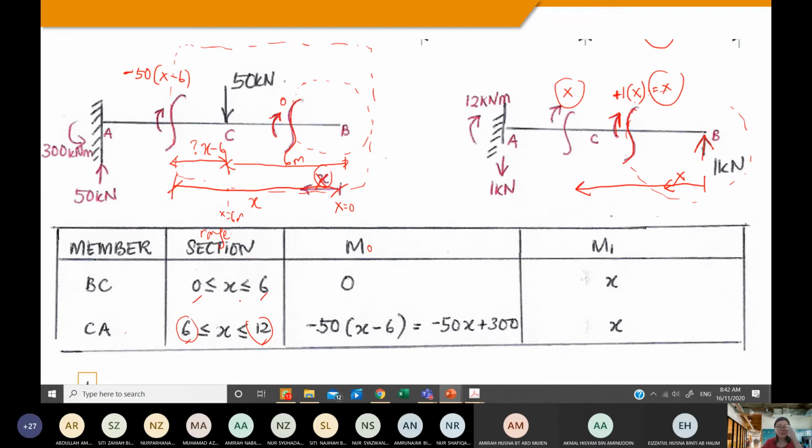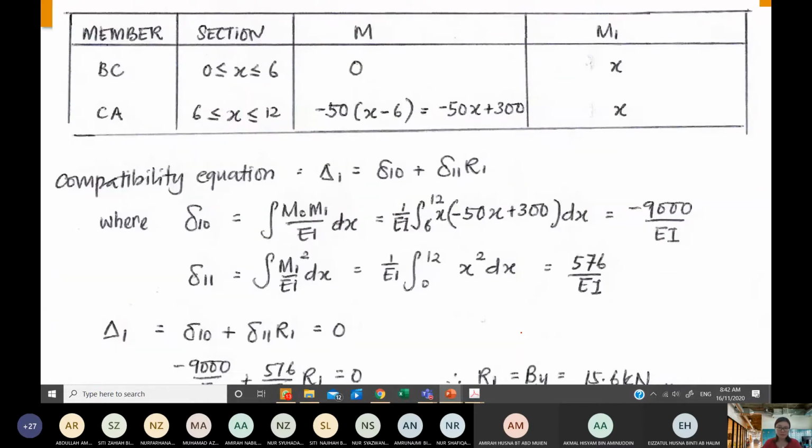Okay, so now you just need to transfer all these moments that you have obtained into this table. But this is just a few sections, and it is not that confusing, so you can directly put it in your compatibility equation, which is like this.